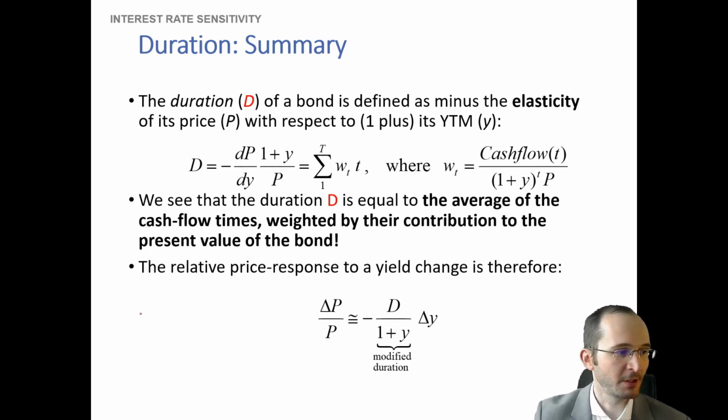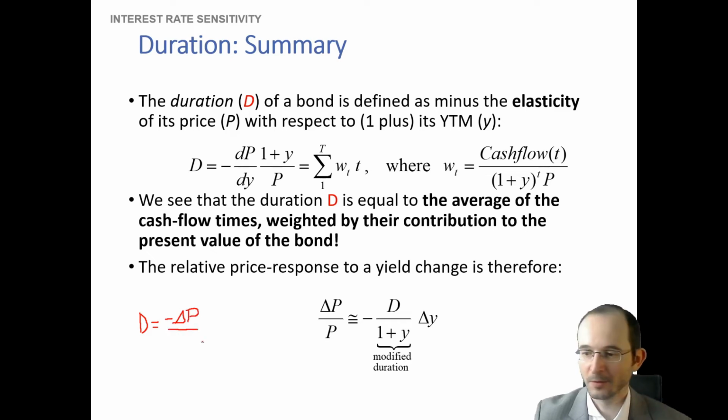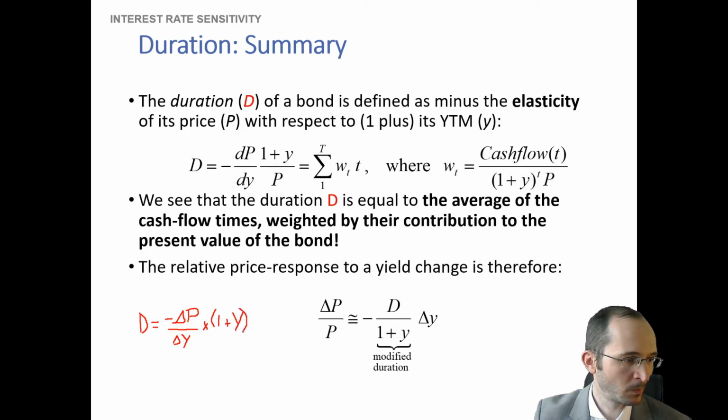So remember, our elasticity formula was: duration is equal to negative change in the bond's price over the change in yield, times 1 plus the yield over the price.